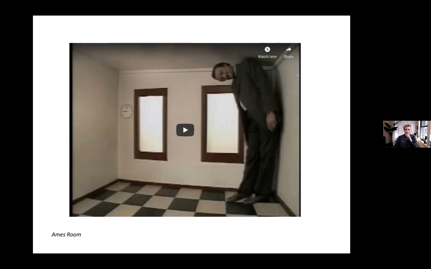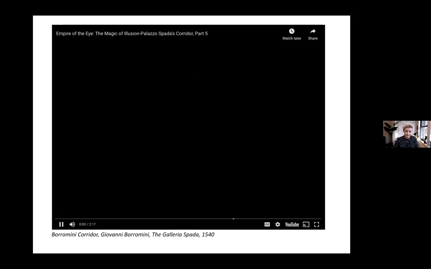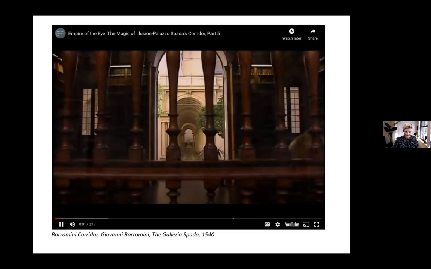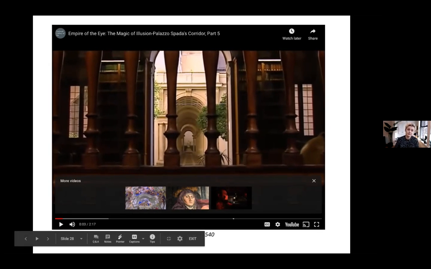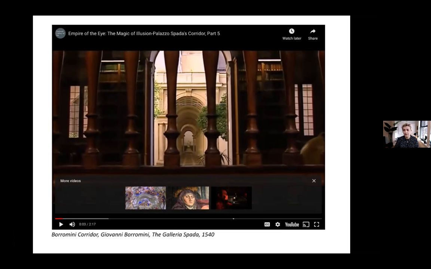So yeah, the Ames room illusion, I think it's probably one of the most powerful examples that let us understand that our brain is never perfect and is full of errors. And I wanted to say that the Ames room illusion and the window illusion are very often used in movies, in the movie industry and art.